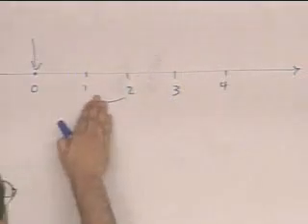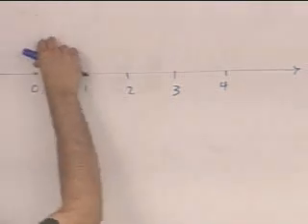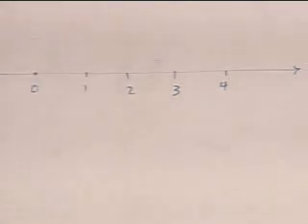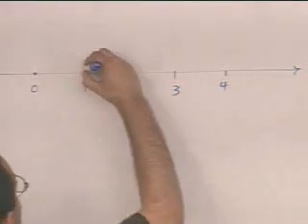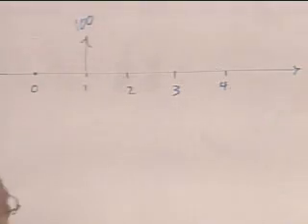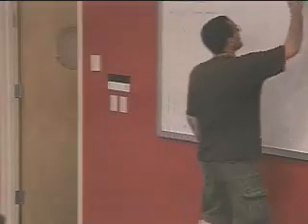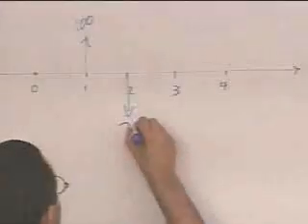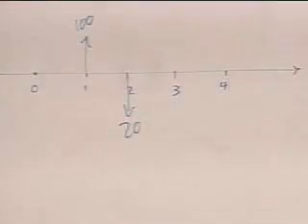Now, if you have money which you are earning, somebody is paying you, that's going to be positive numbers from now on. You can show them different ways. I like to show them this way. So this 100 would mean you are getting $100 from somebody. This 20 means you're paying 20 to somebody.